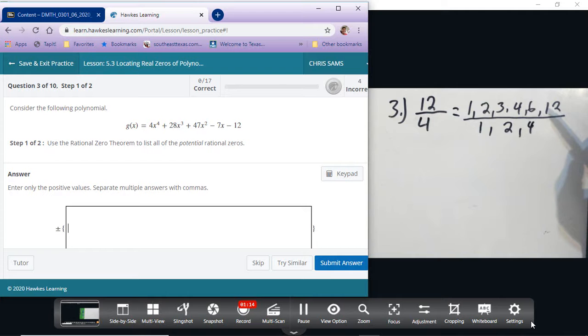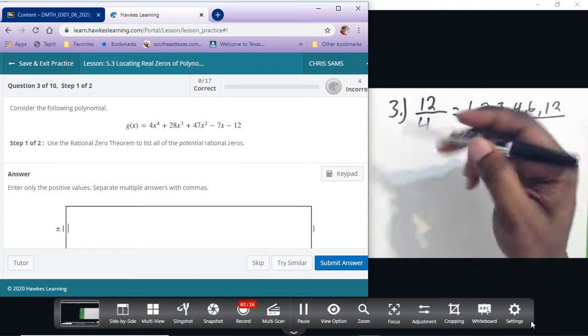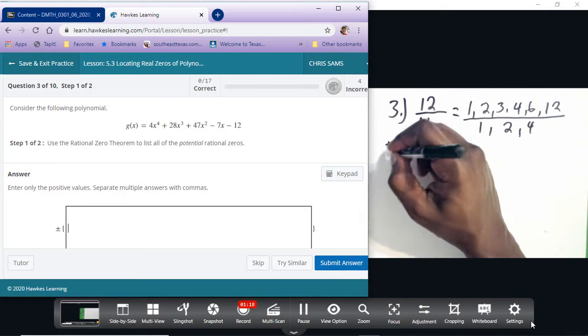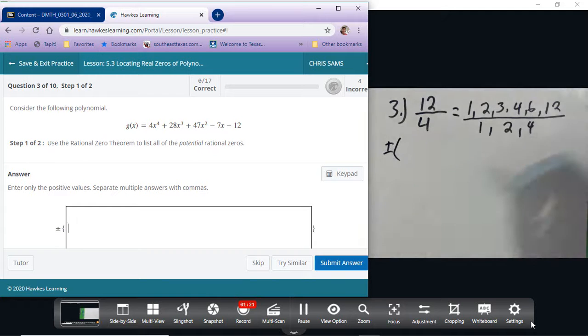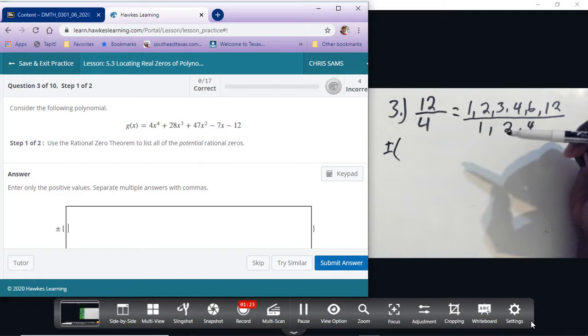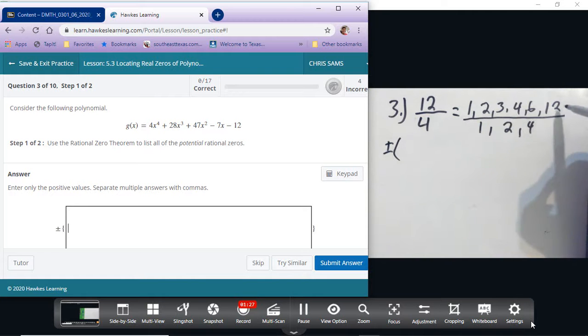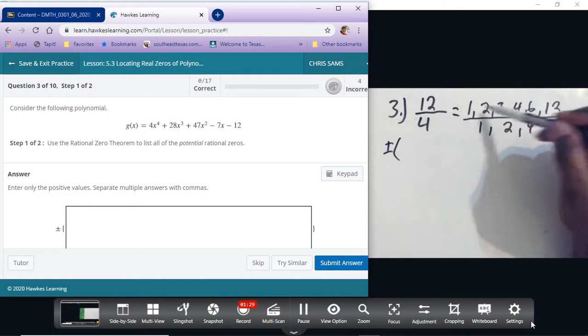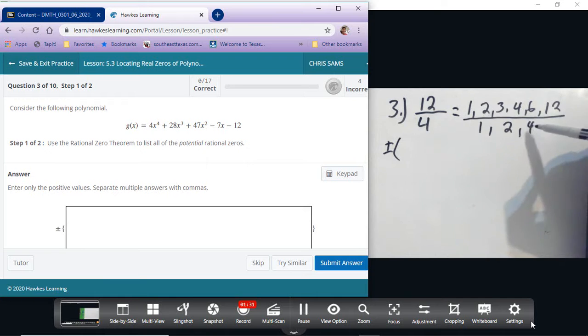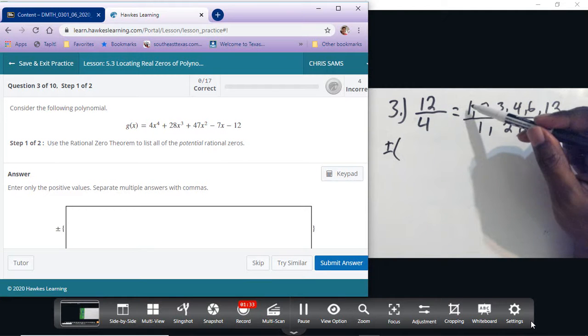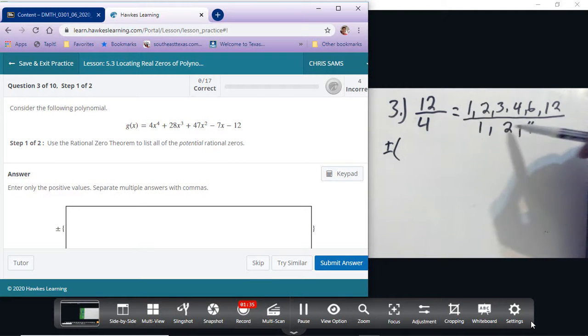So when you start listing all the possible rational zeros, okay, that plus or minus is out there, and we'll have a pretty extensive list. You can go through each number and divide by 1, and then each number and divide by 2, each number divide by 4, or you can just do each number divided by all these and then go that way.